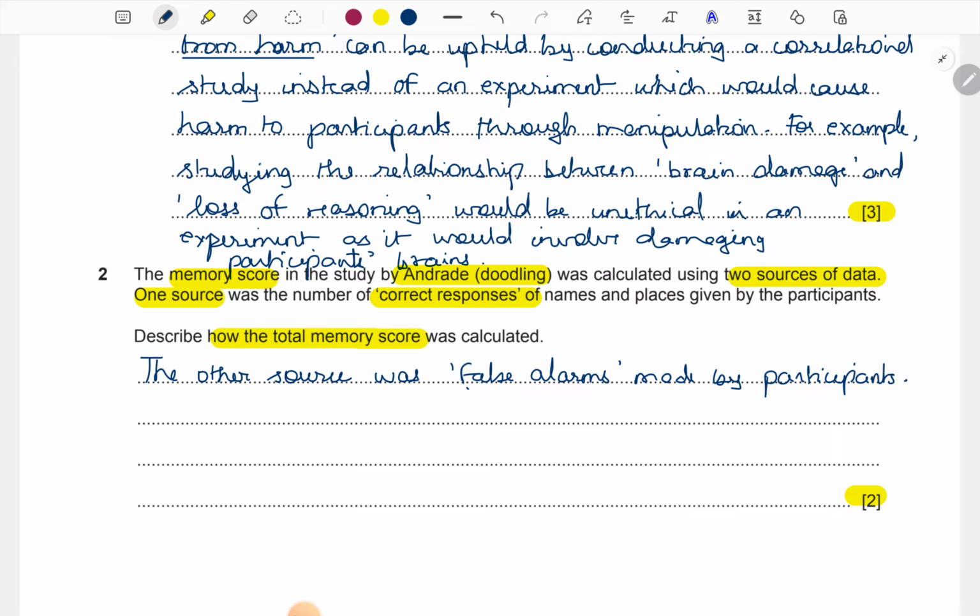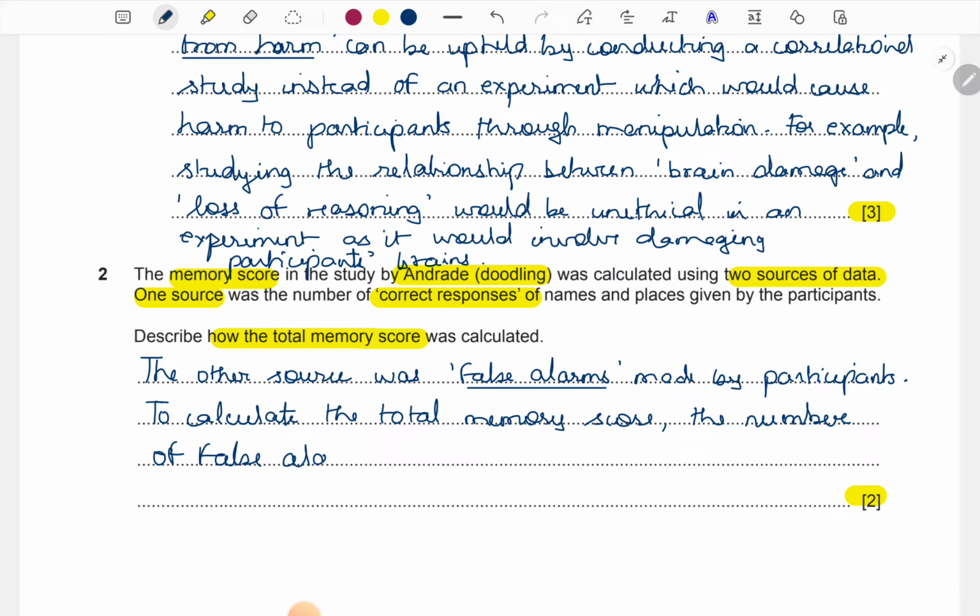To calculate the total memory score, the number of false alarms was subtracted from the number of correct responses made by participants.